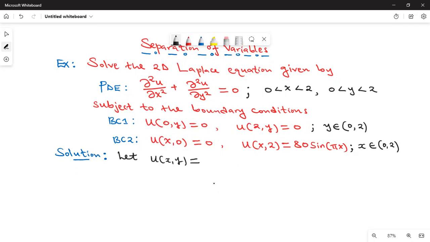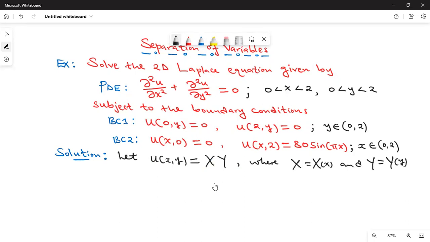So let this be equal to capital X times capital Y, where X is a function of x, the small x, and Y is a function of the small y.